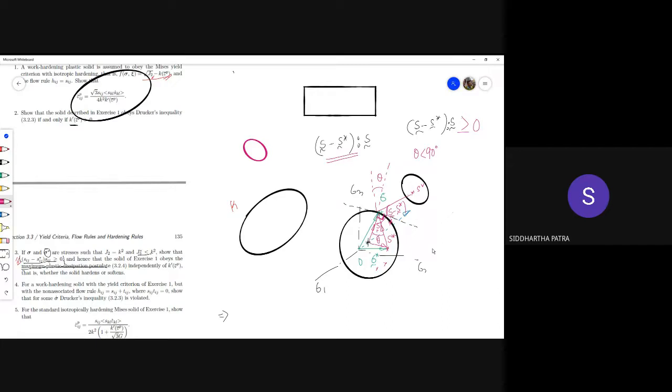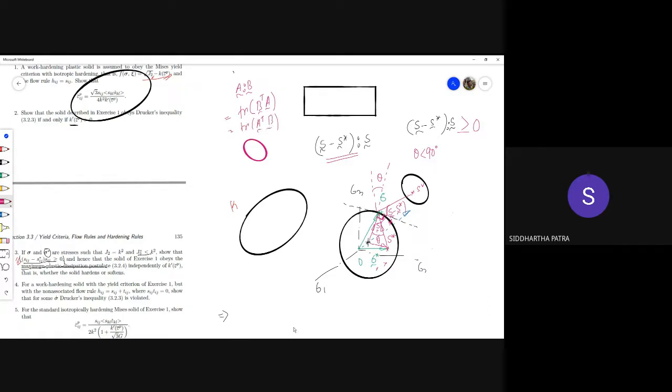To do that, let's say I have two matrices A and B, and I take the inner product of the two. This can also be written as the trace of B transpose A, or trace of A transpose B.